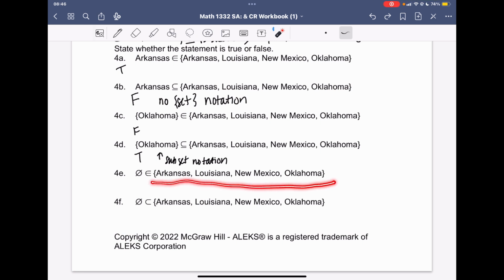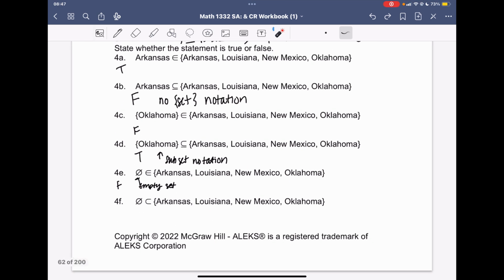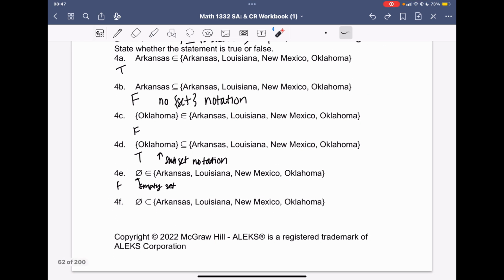So in this case, it's going to be no. It is a subset. So now it's asking if the empty set is a subset or a proper subset. The C means proper subset or contained. And that's going to be true.